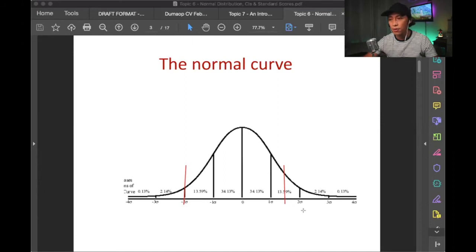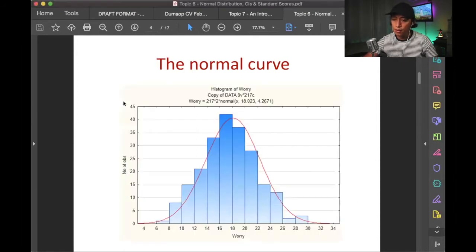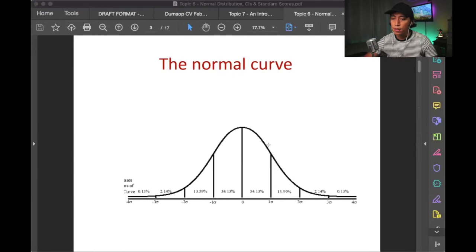So any given raw score, we can identify where it is located in the normal curve by simply computing its z-score. Another particular value of that is that if we know, for example, that the z-score of a given raw score is +1, we can make statements or assumptions about the proportions, probabilities, and percentages of scores relative to this given raw score.